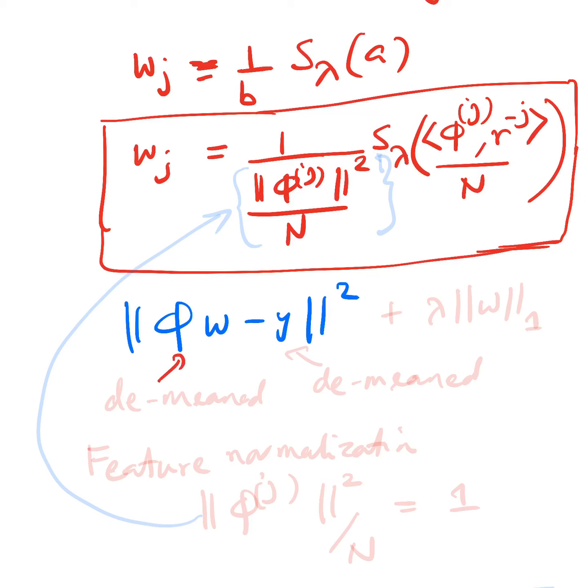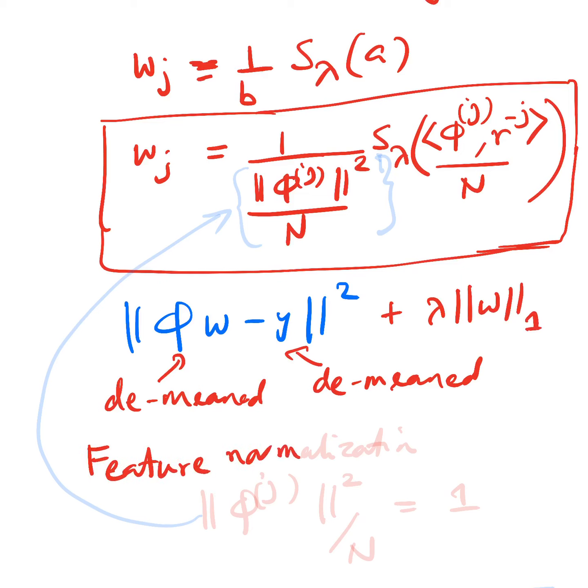Remember when we did the original problem, we'll assume that these have been demeaned across examples, right? And then of course I have this term. The one thing I want you to remember is that if I also normalize the features after demeaning, what does that mean?